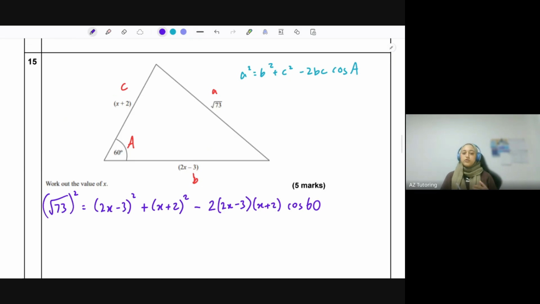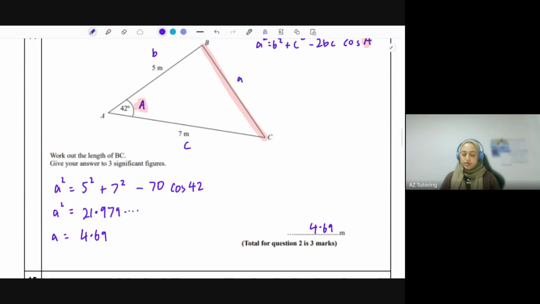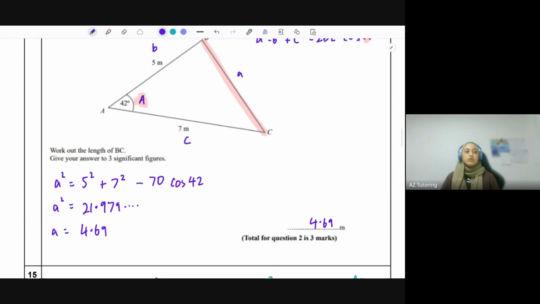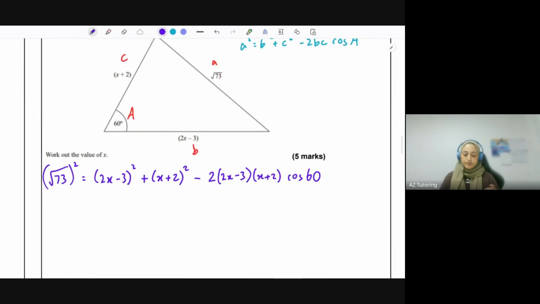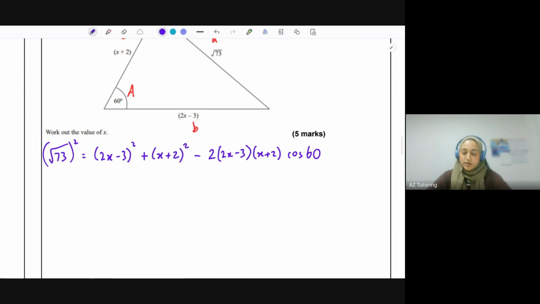So just to reiterate what we've done, we're using the cosine rule, we've labeled the triangle, we've put everything into that equation. The only difference compared to the last example is we don't have numbers, we've got letters, we're doing algebra in this. Okay, so now let's slowly simplify and collect like terms.